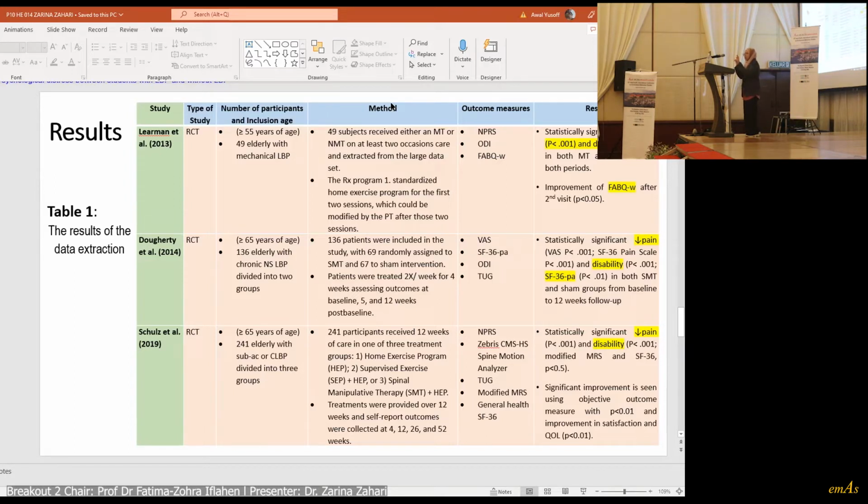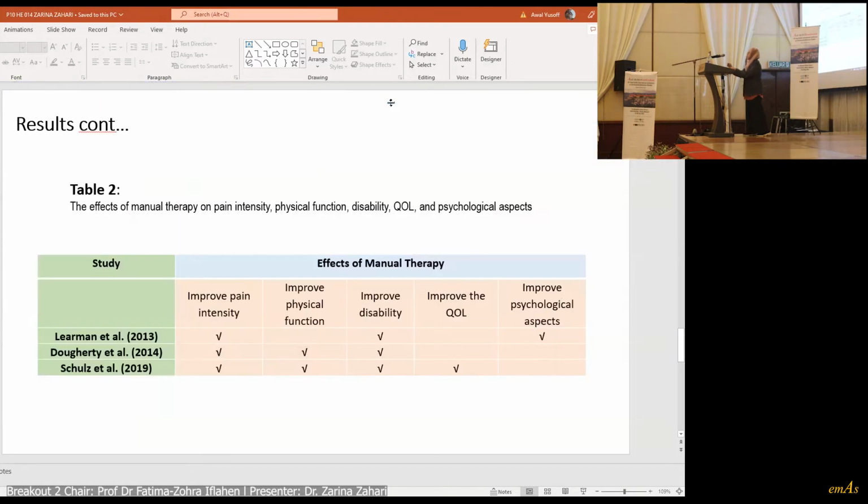We have 2 components of fear avoidance belief, physical and work, but this study included those in work. Doherty also found reduction in pain and disability, and Sharps found reduced pain and disability as well. So these 3 studies have shown good improvement in reduction of pain and disability.